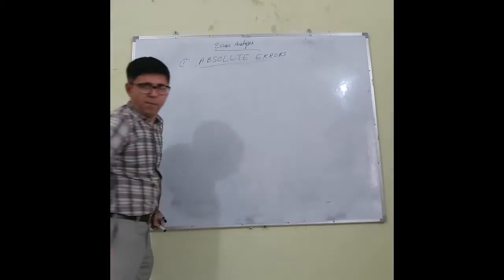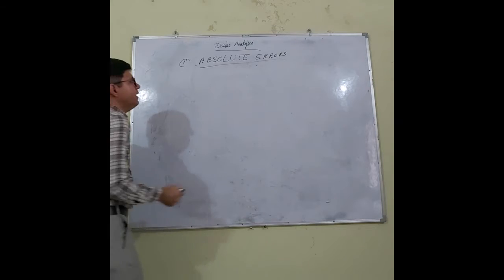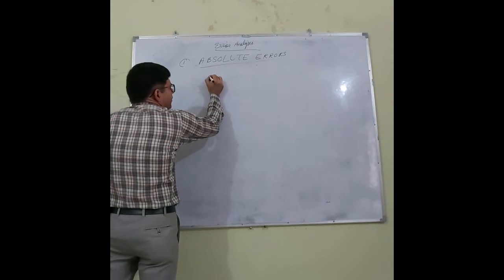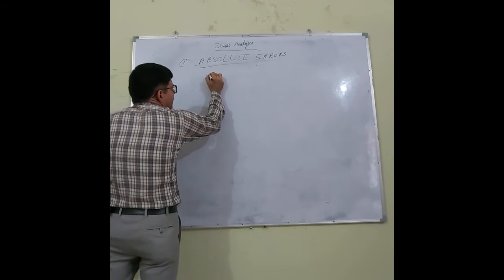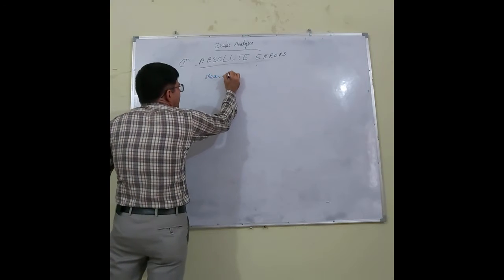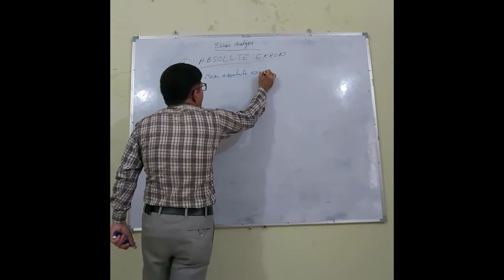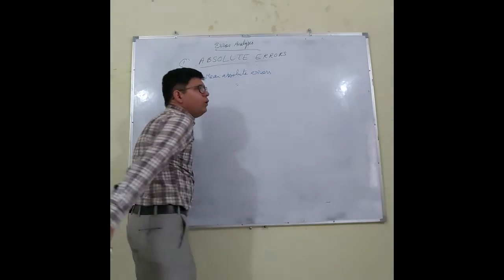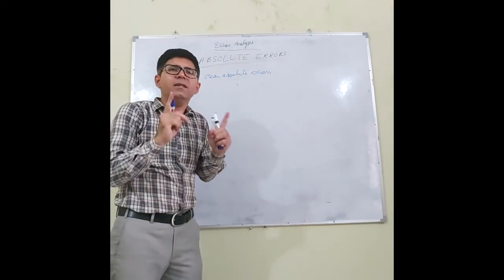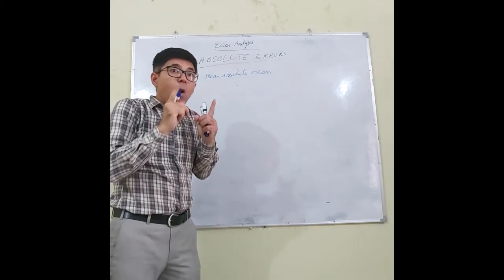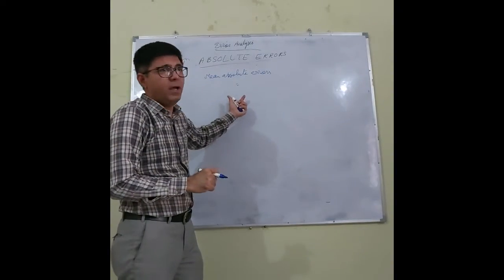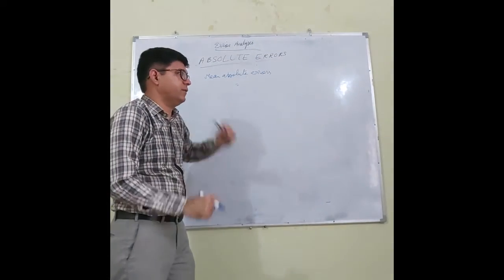Now, there is a term mean absolute error. Mean absolute error is the arithmetic mean of the magnitude of the absolute errors.